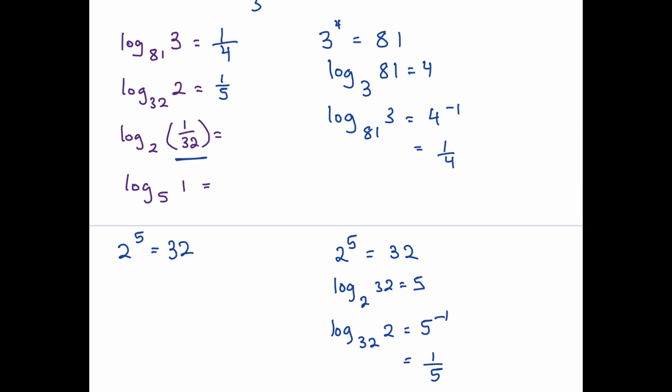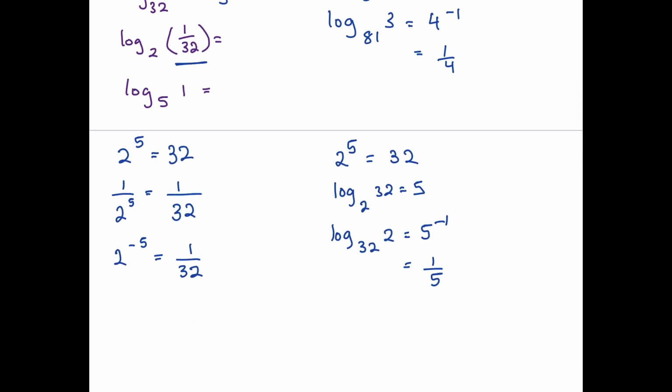So why don't we take 1 over 2 to the 5, as this will give us 1 over 32. So we can express 1 over 2 to the 5 as 2 to the minus 5 equals 1 over 32. And if we express this in terms of log, this will be log base 2 of 1 over 32 equals minus 5.